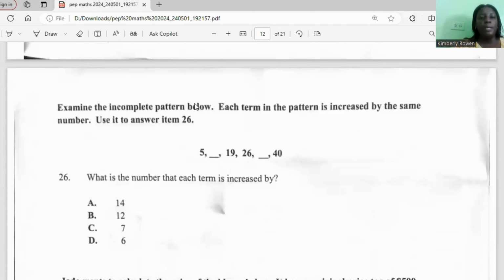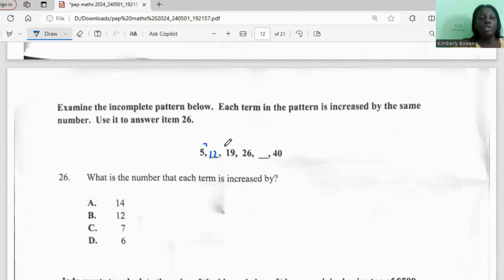Examine the incomplete pattern. Each term in the pattern is increased by the same number. Use it to answer item 26. What is the number that each term is increased by? This is also a repeated question. So if we increase the number by 7, 5 plus 7 is 12.